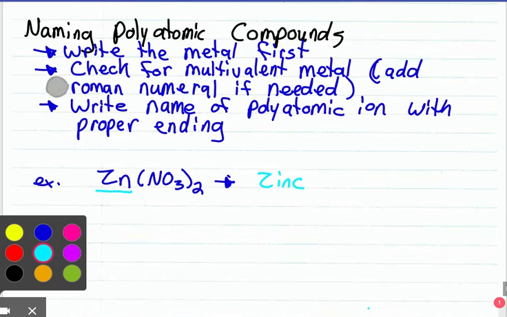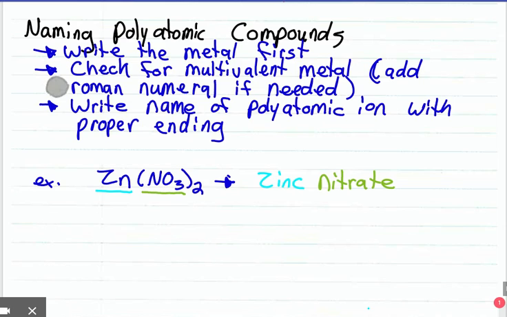We're going to check, do we need a Roman numeral? No, zinc is not multivalent. And then our next step is to write the name of the polyatomic. NO3 from your list, that is nitrate. So this is zinc nitrate.